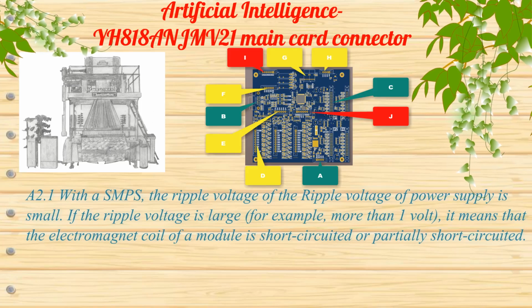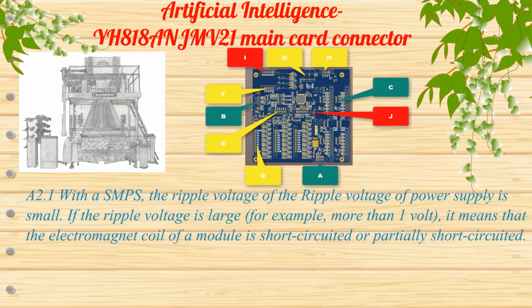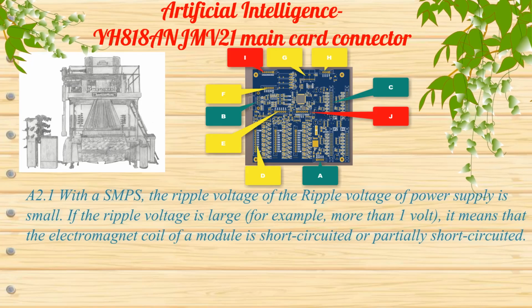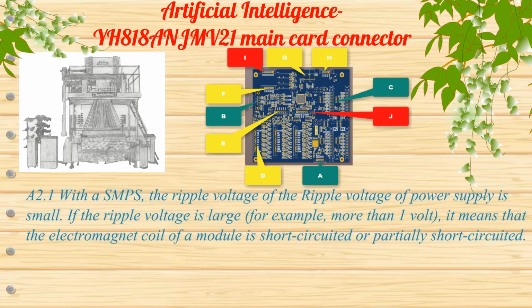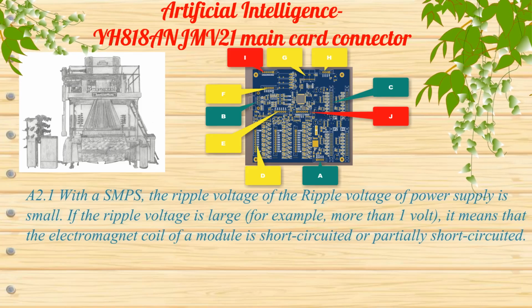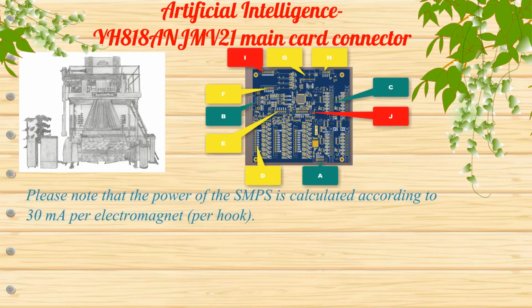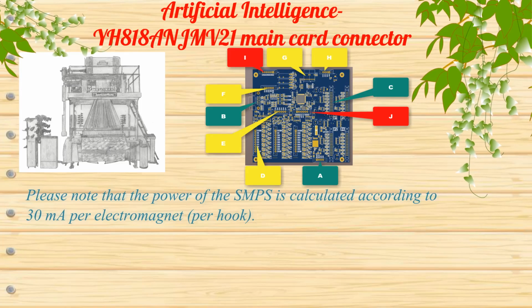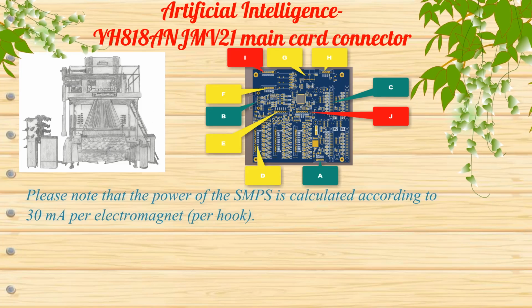If the ripple voltage is large, for example, more than 1 volt, it means that the electromagnet coil of a module is short-circuited or partially short-circuited. Please note that the power of the SMPS is calculated according to 30 mA per electromagnet, per hook.